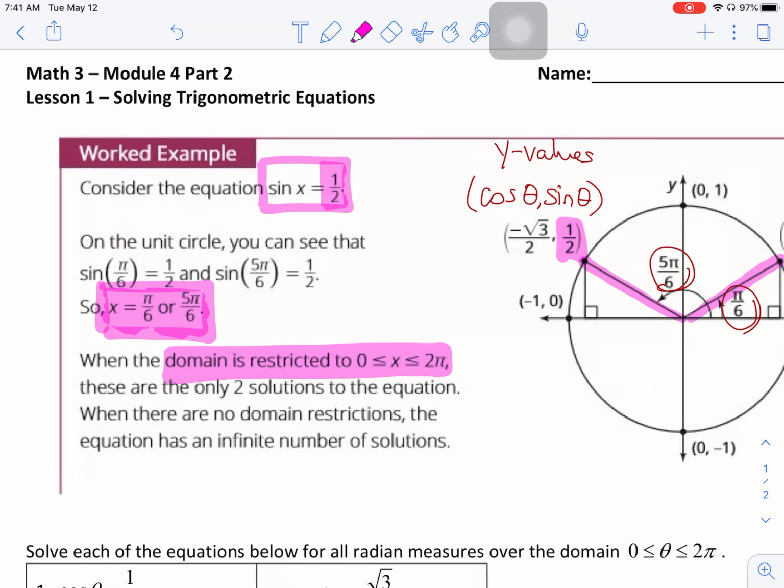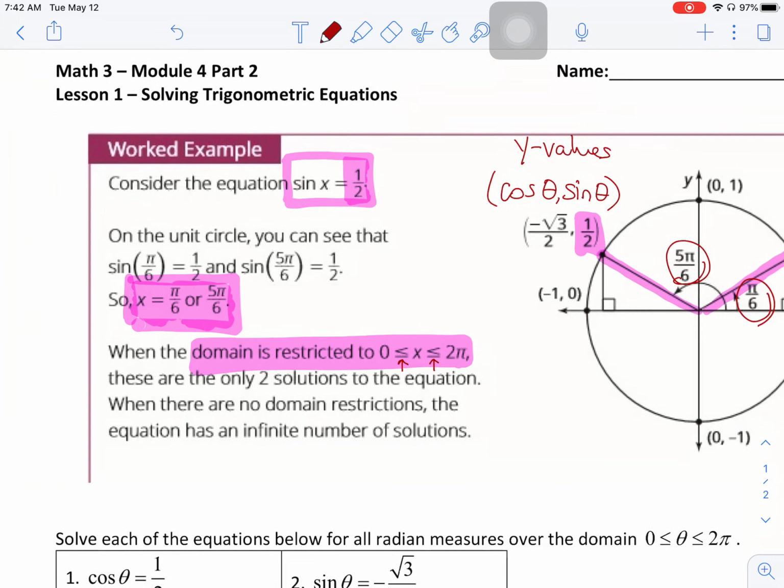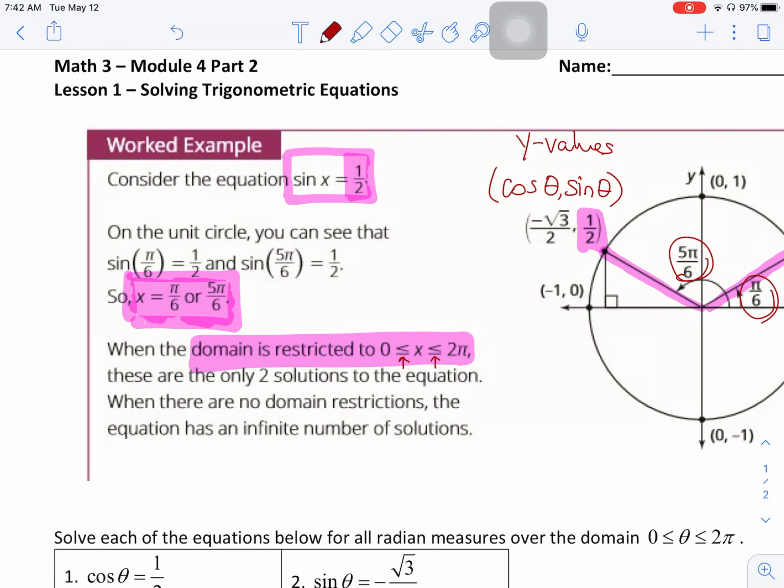Now I'm going to zoom in on this, okay? And I want you to really notice that there is an equal to sign here and here. That won't always be the case, okay? Sometimes your domain will be restricted from 0 is less than or equal to x, which is strictly less than 2 pi.